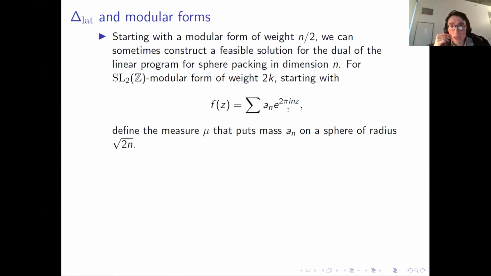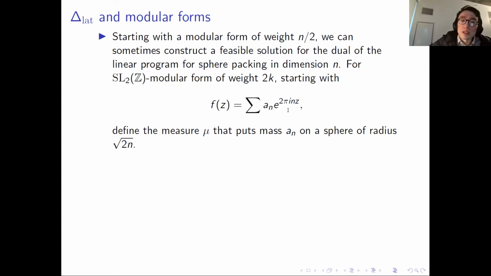Now, a connection to modular forms as well, which I'll also mention briefly. You can turn certain modular forms of weight n over 2 into feasible solutions for the dual of the linear program for sphere packing in dimension n. So you're multiplying the weight by 2.